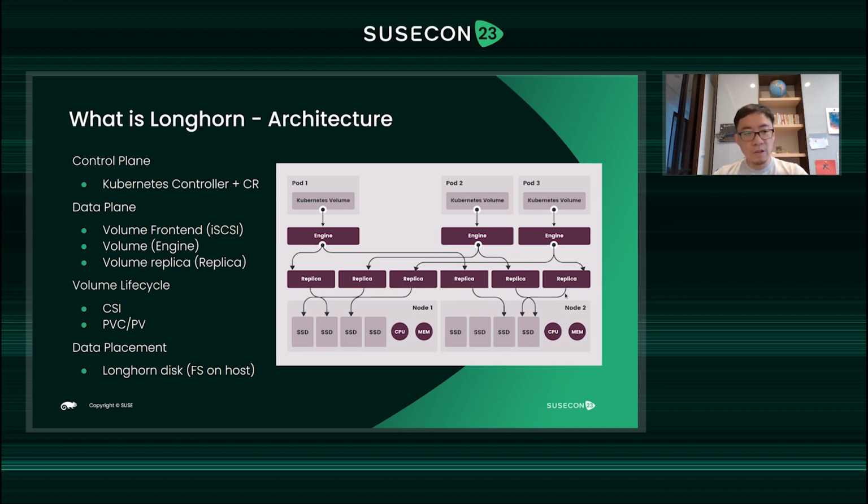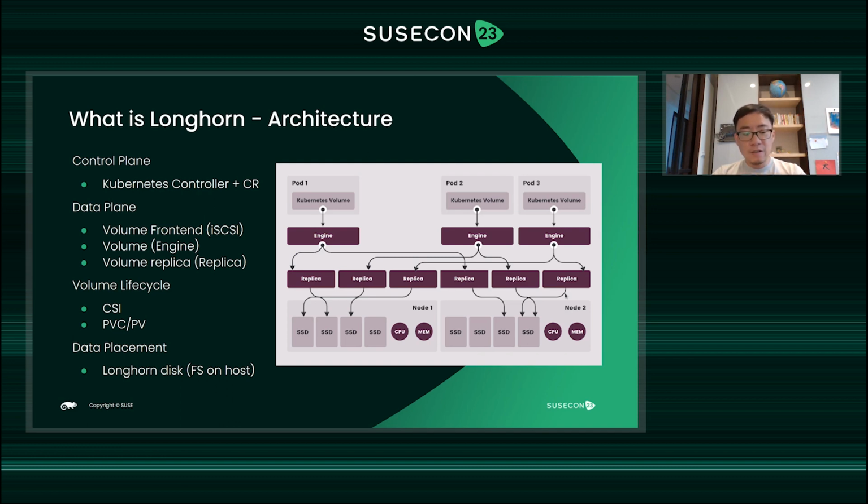For each volume, we also have an engine process that controls all the data flow and manages the downstream replicas. The real data will be placed in the replicas on each node, depending on how many replicas you have for your volume. So three parts here: front end, volume engine, and volume replicas.